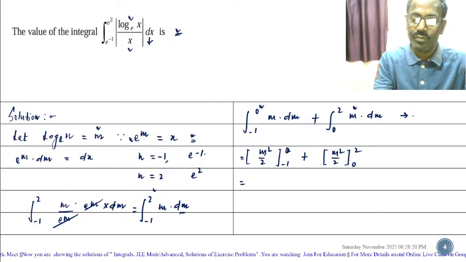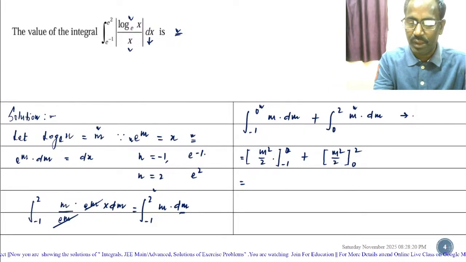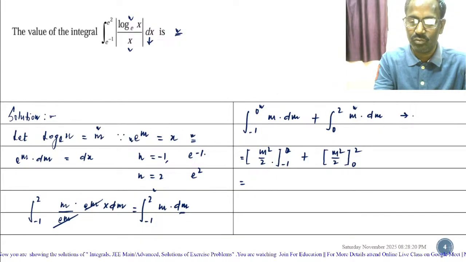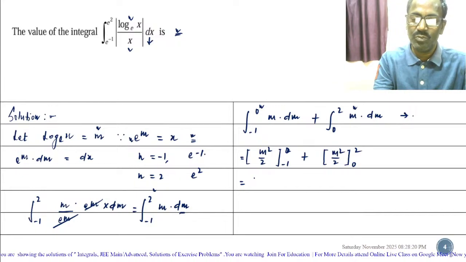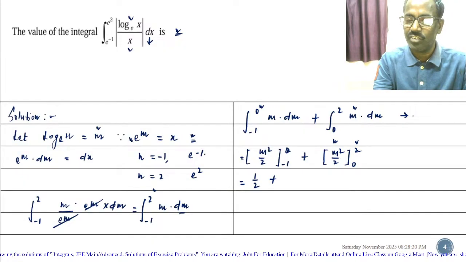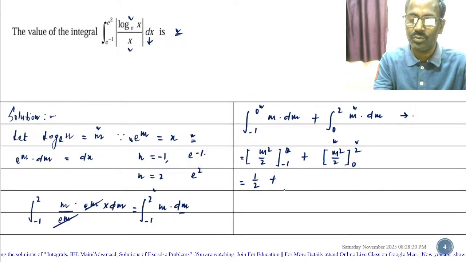So 0 square by 2 equal to 0, and minus 1 square by 2 equal to 1 by 2, so we write 1 by 2. Again, for this one the higher limit is 2, square of 2 is 4, 4 by 2 equal to 2, and 0.